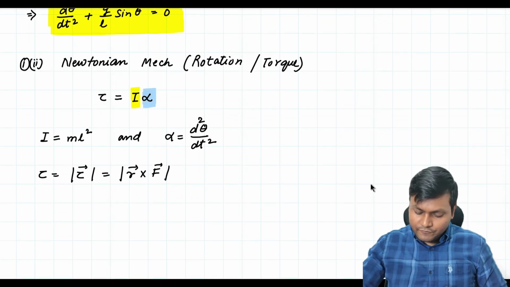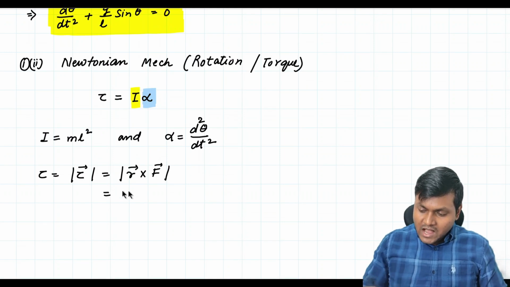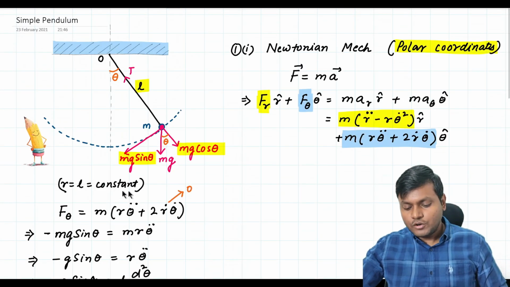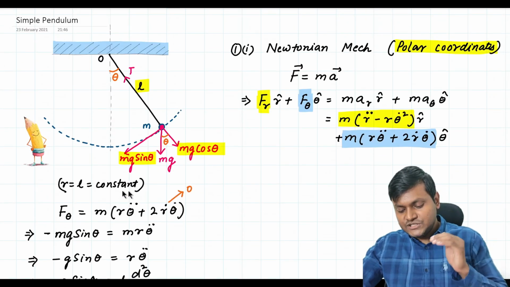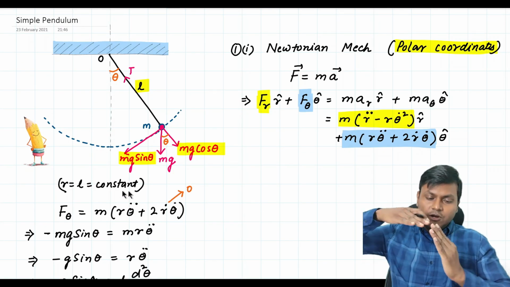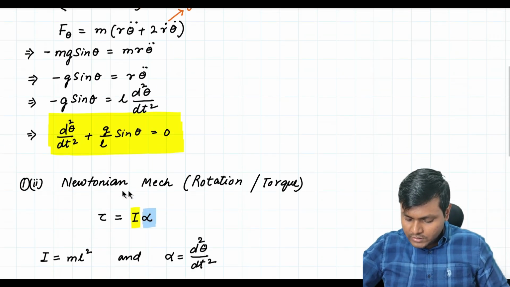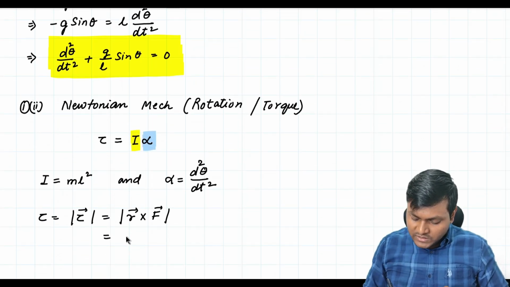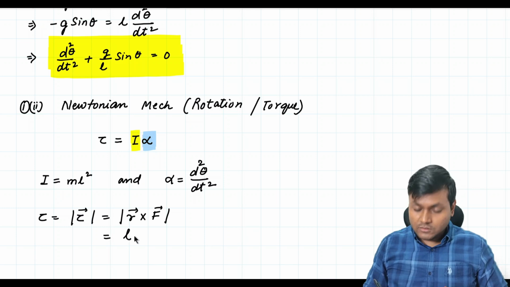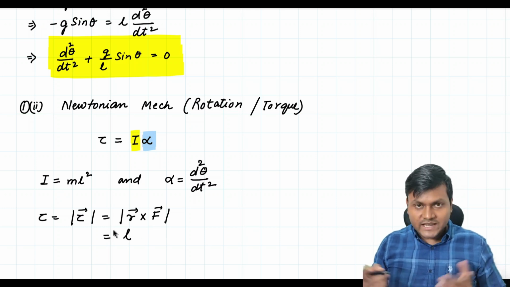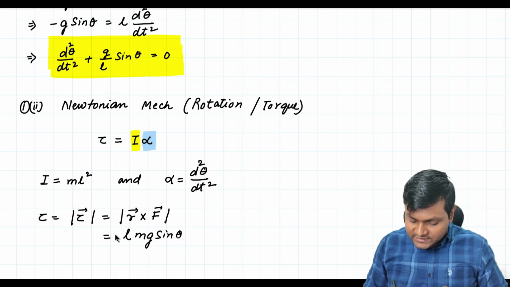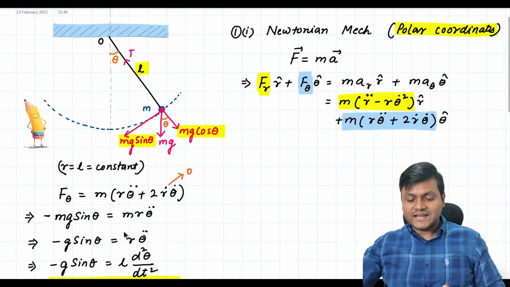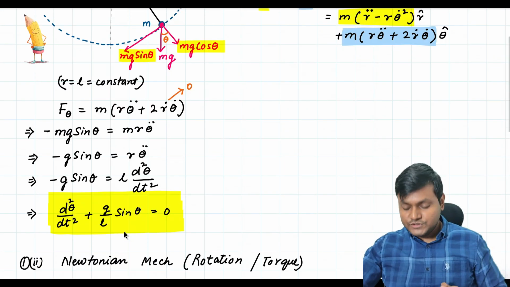Therefore, I have to write here r is nothing but the distance from the origin O, which is nothing but L. Since r and mg sine theta are perpendicular to each other, the cross product will simply involve the length of r, that is L, and the force is mg sine theta, and there is a minus sign here because it is acting in the direction opposite to increasing theta.